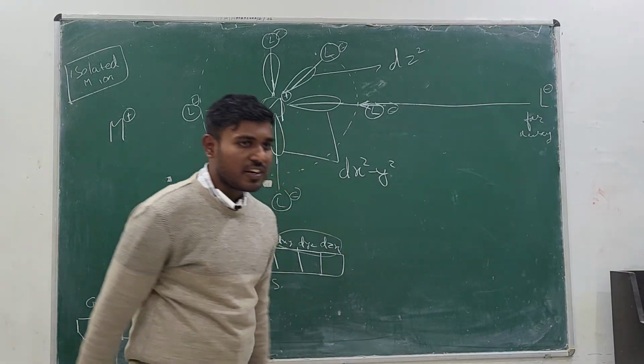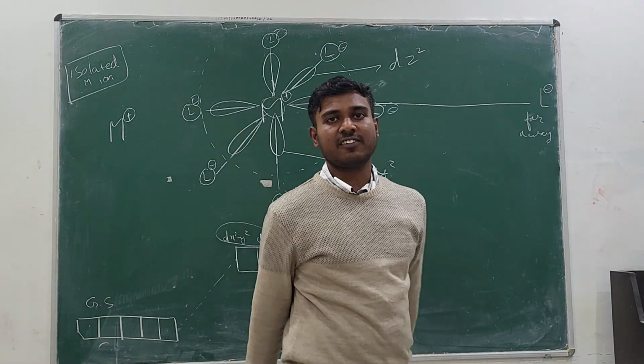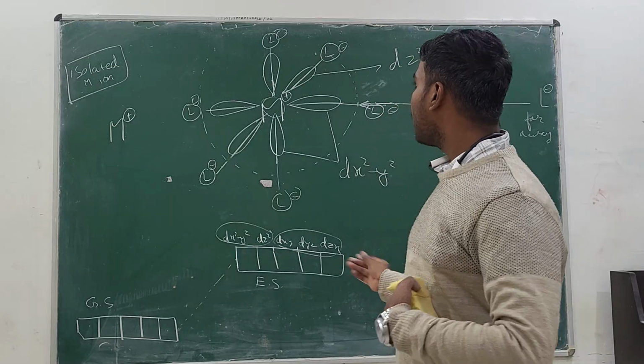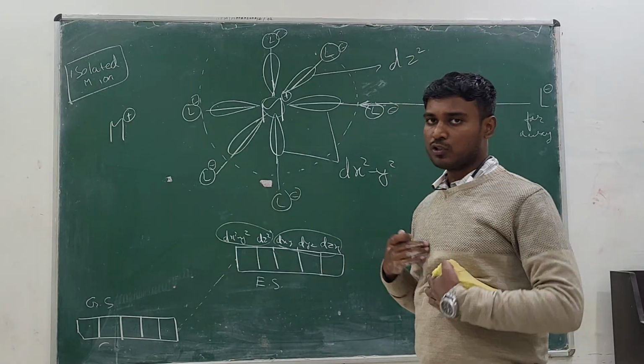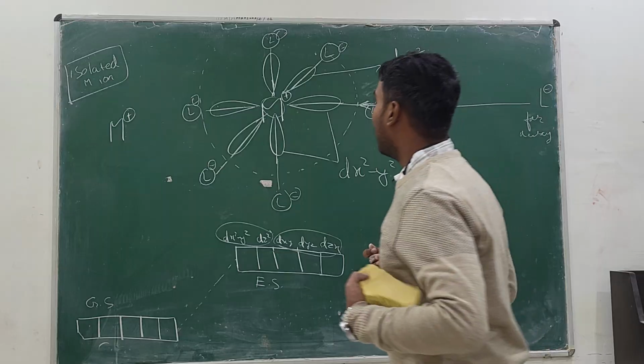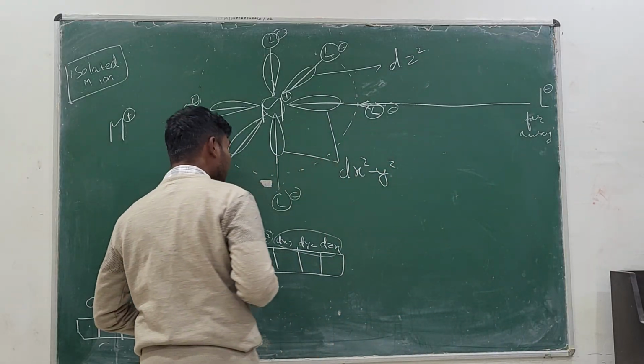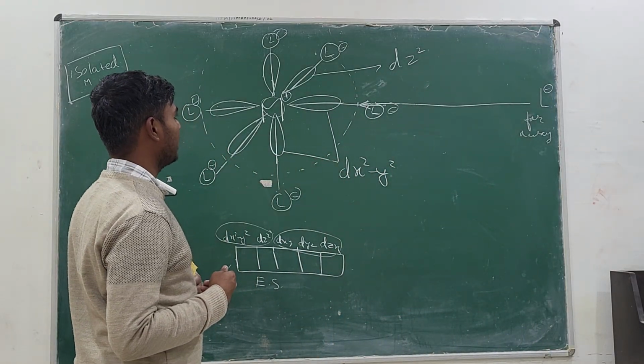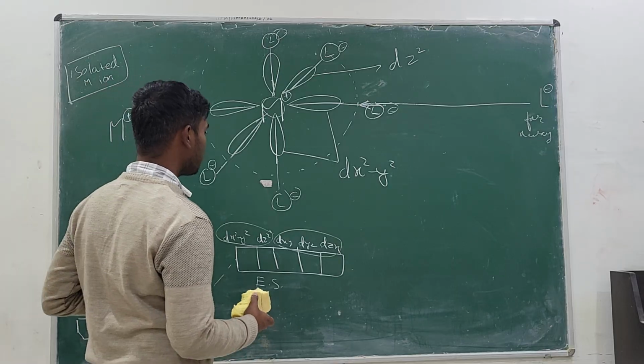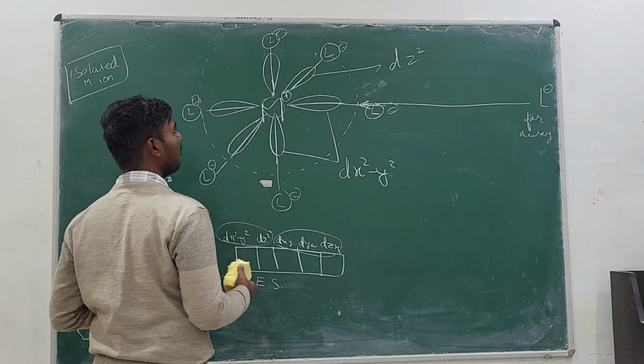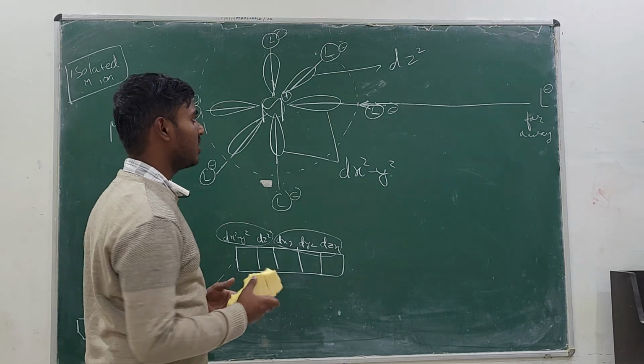So dx square minus y square and dz square will experience more repulsion by the approaching ligand, and our non-axial orbitals, which are dxy, dyz and dzx, will experience very little repulsion.